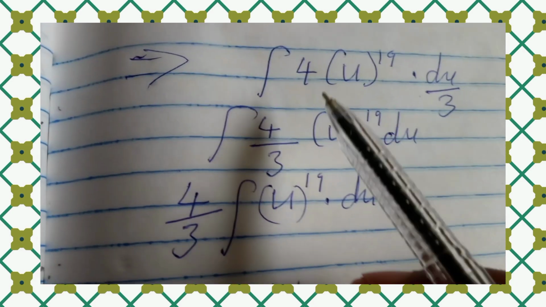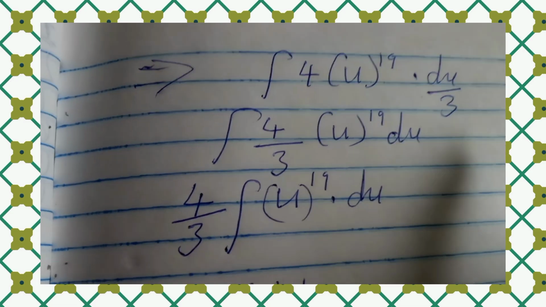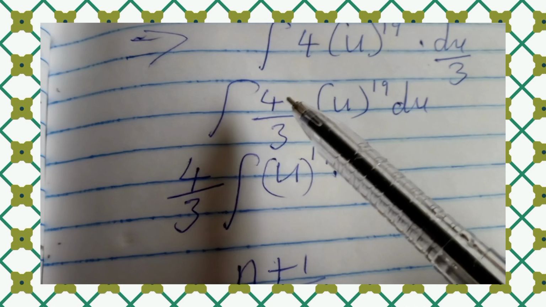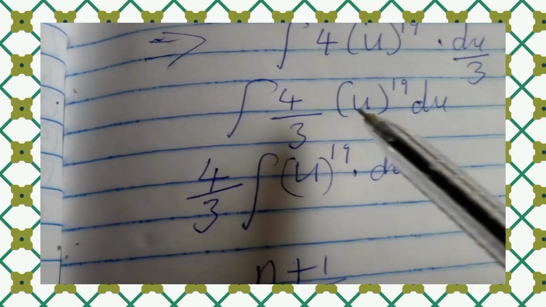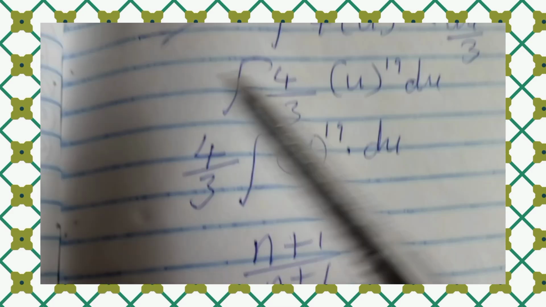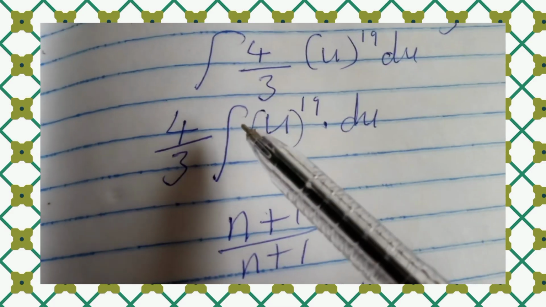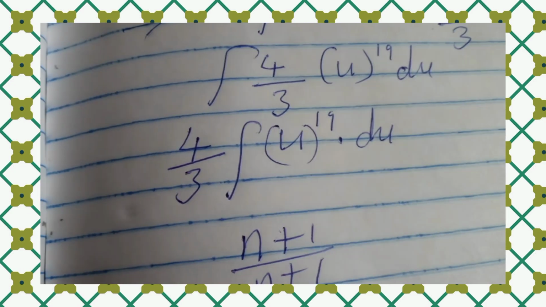We have the integral of 4 times u raised to the power of 19 du over 3. You know that this is all over 3, so it's the same thing as 4 all over 3 times u raised to the power of 19 du. In integration, we put the constant outside before integrating. So this 4 over 3, we multiply the integral, then we integrate u raised to the power of 19 with respect to du.